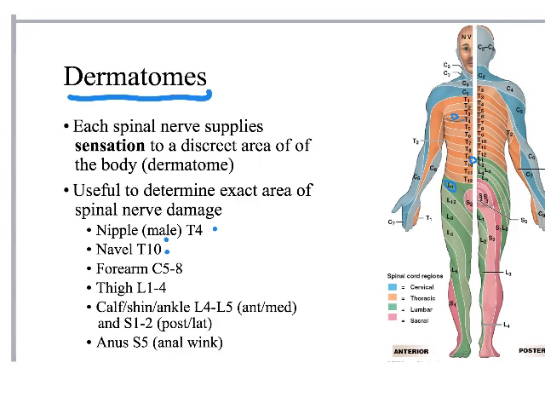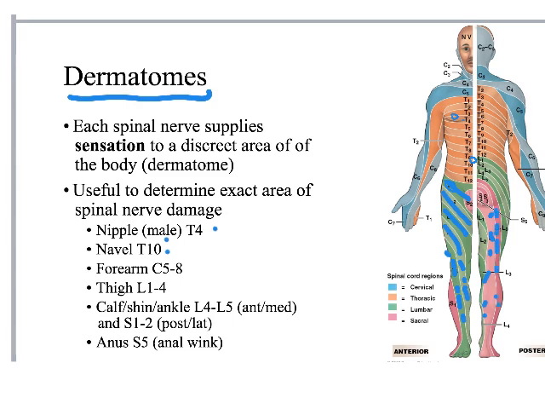The thigh is going to be L1 through L4, so L1's the groin, then L1 and 2, L3, L4, all the way down. And L5 would be like your shin, for example. S1 and S2 are going to come down the posterior aspect of the leg.